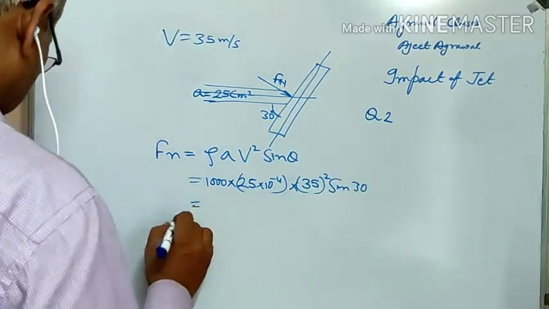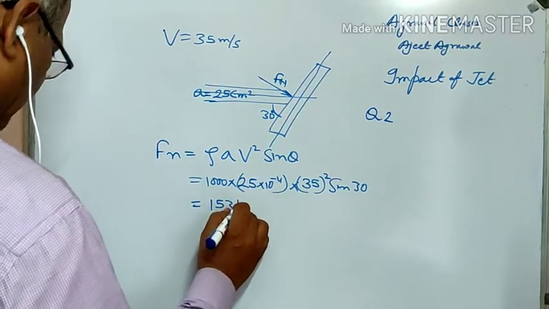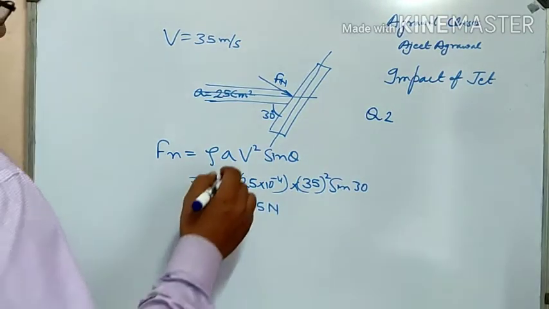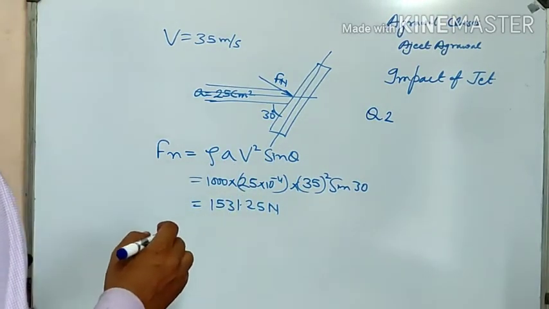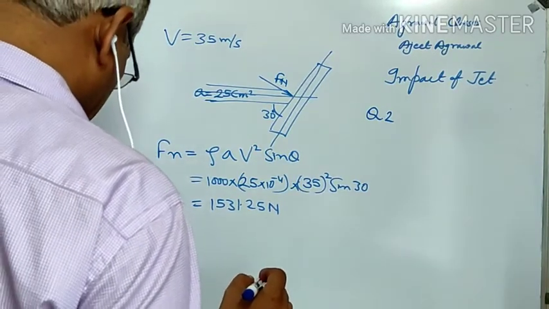The result comes out to be 1531.25 Newton. Now we need to find the component of the force in the direction normal to the jet.